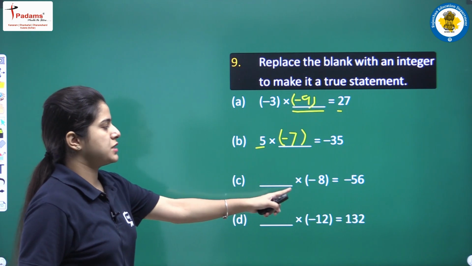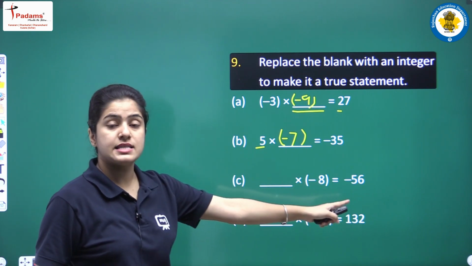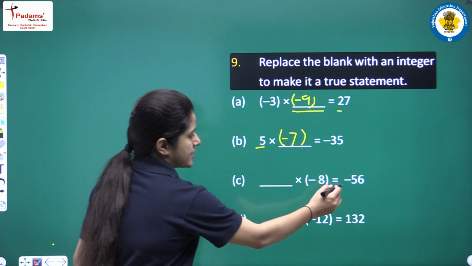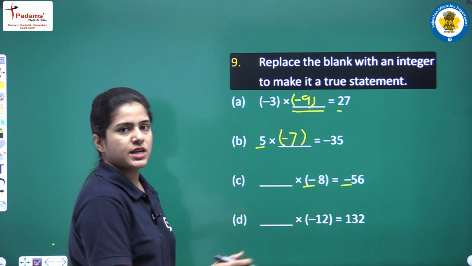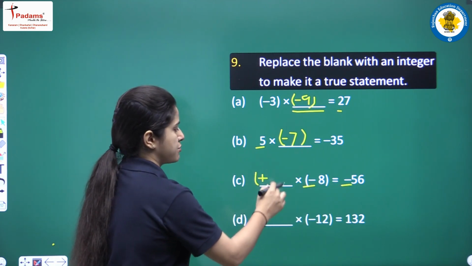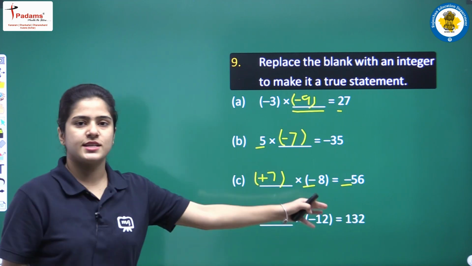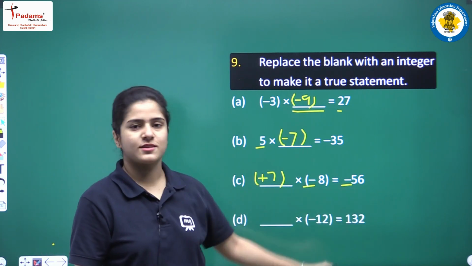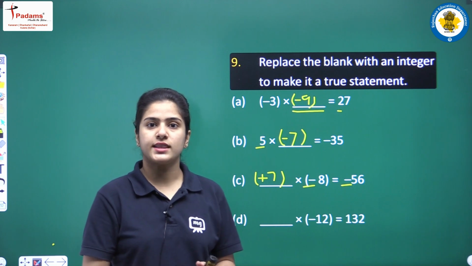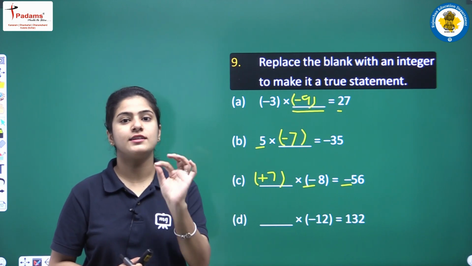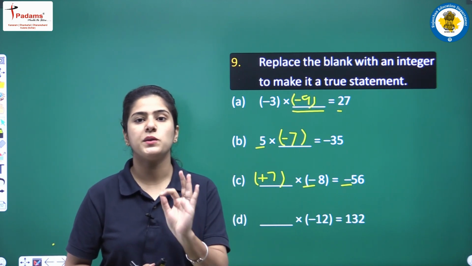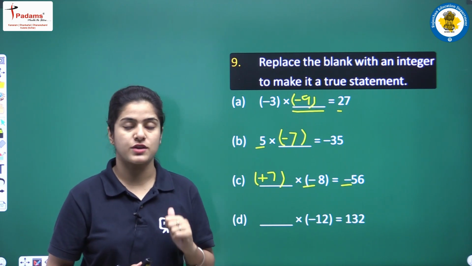What should be multiplied with minus 8? The answer should be minus 56. This is minus, so no need to take minus here, so a positive integer should be here. 7 into minus 8 is equal to minus 56. Alright students, for this method you must have learnt the tables, then only you will be able to find it by hit and trial method.